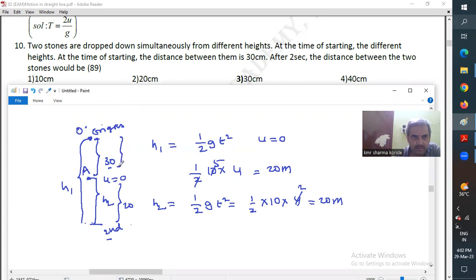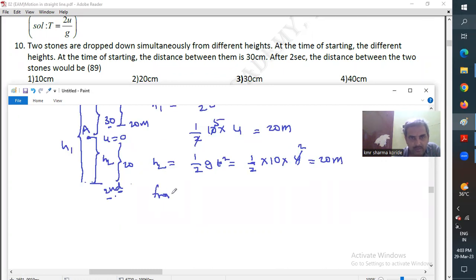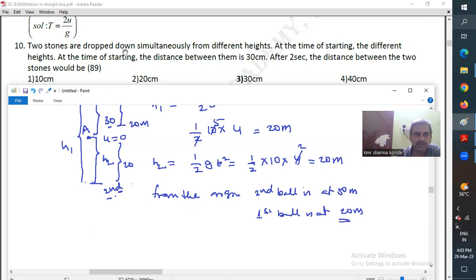But the first body will be at 20 meters from the origin after it is dropped. So from the origin, the second ball is at 50 meters, whereas the first ball is at 20 meters. So once again the gap remains 30 meters. So the option is the third.